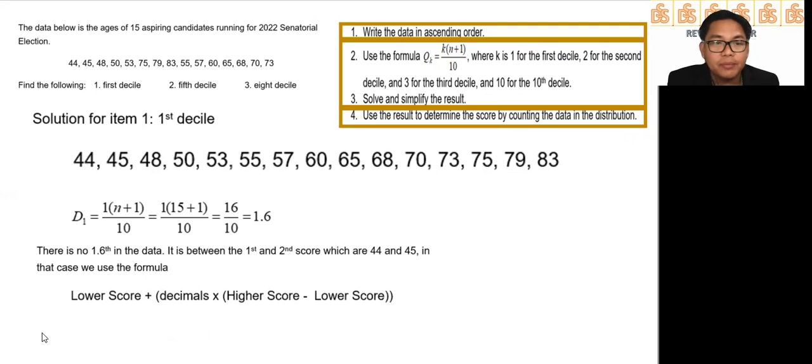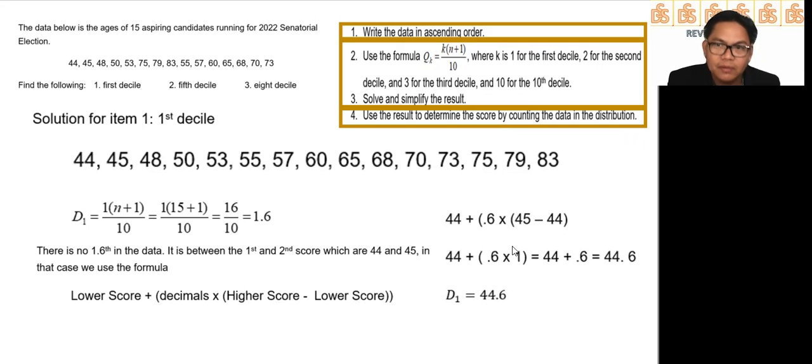You may use this formula: lower score plus the decimal point times the difference of the higher score and the lower score. This is actually the lower score, 44, and the decimal point is 0.6, and the higher score is 45, and the lower score is 44.